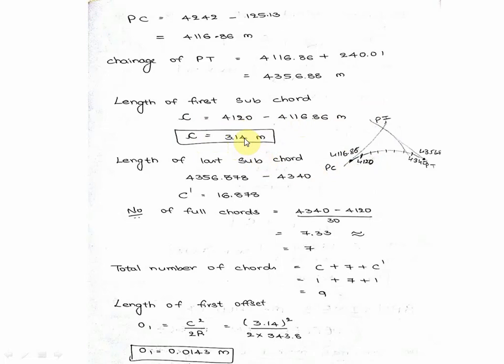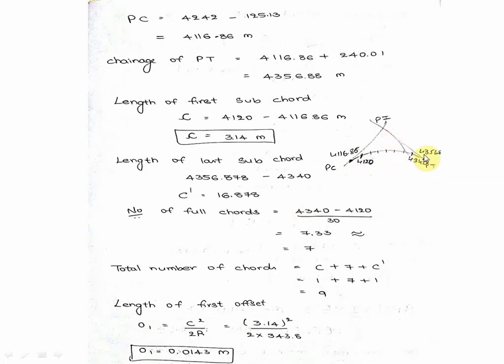Okay, so next is length of last subchord. You should take the length of last subchord in such a way that when you add the length of all the chords, it should be near or equal to or less than the total chainage length. How will you get total chainage length?